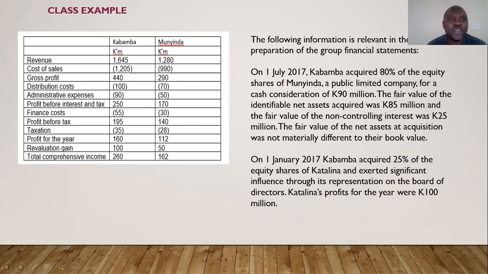So we have the financials, or the profit and loss, for Kawamba and Muninda. And we're told the following information is relevant in the preparation of the group financial statements. On 1st July 2017, Kawamba acquired 80% of the equity shares of Muninda, a public limited company, for a cash consideration of 90 million.